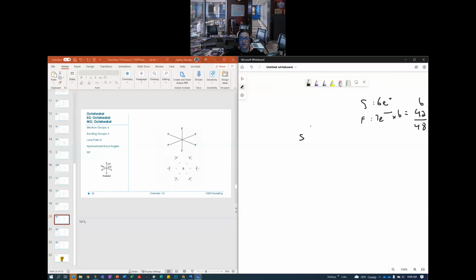We put our S in the middle. I have an F, an F, an F, an F, an F, and an F. So 6 of them. Now there's not, again, a whole lot of rhyme or reason where I drew them. This is not a great representation of how they actually exist, but it'll pass. Draw one bond between each sulfur and each fluorine.